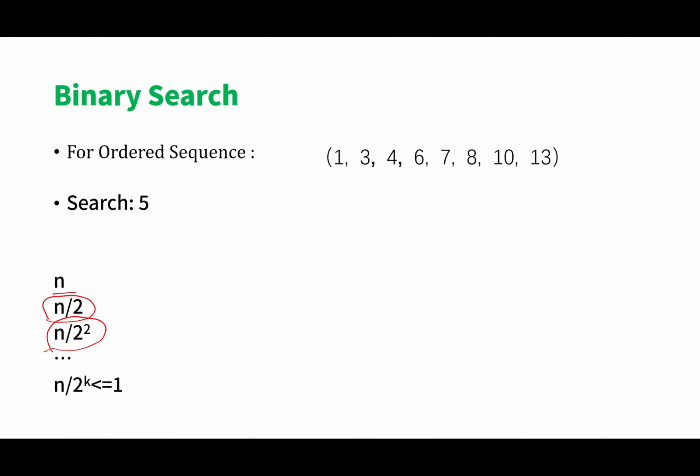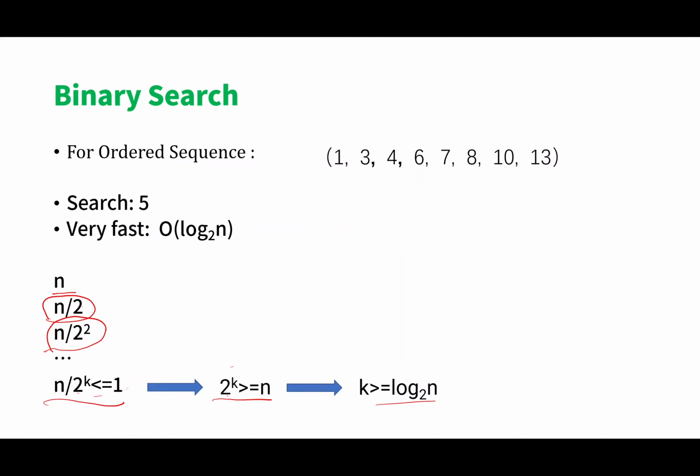If n divided by 2 to the power k is less than 1, then the search is stopped, and we will fail or succeed. From this, we can find 2 to the power k is larger than n, so k is equal to log 2 n.